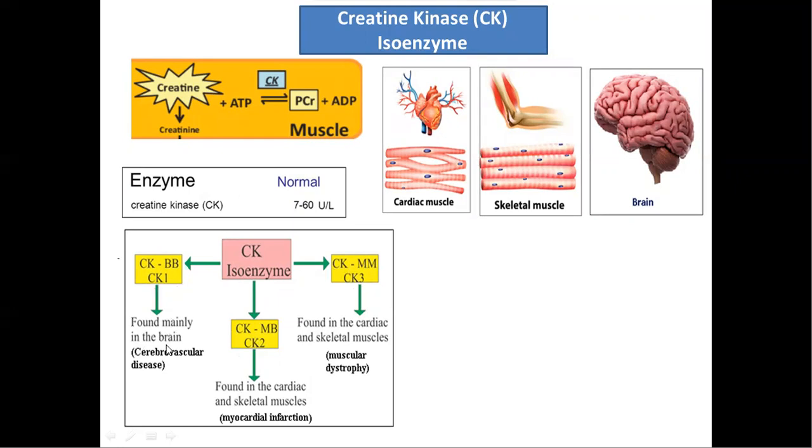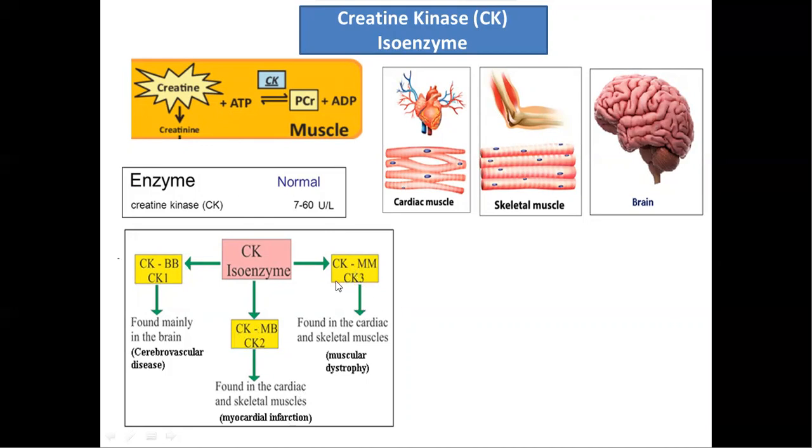CK1 is present in brain, and an elevated level of CK1 indicates cerebrovascular disease. CK2 is found in cardiac muscle and skeletal muscle, but it is predominant in cardiac muscle. An elevated level of CK2 indicates myocardial infarction. CK3 is present in cardiac and skeletal muscle, but it is predominant in skeletal muscle.